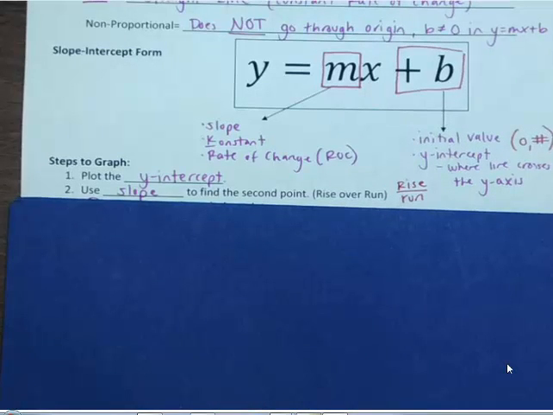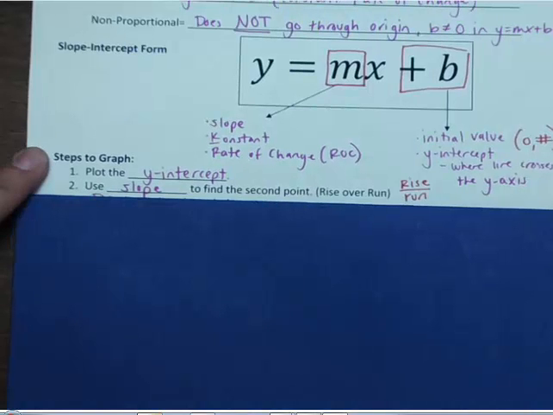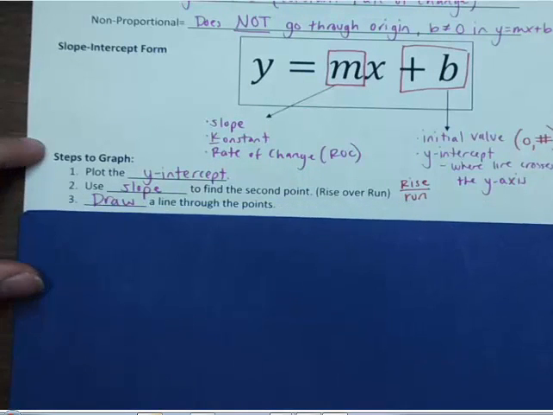Step 3, we draw a line through the points to connect all the points to show that it's continuous. That line also represents that there are lots of points that make that statement true. Those are all solutions of that line.